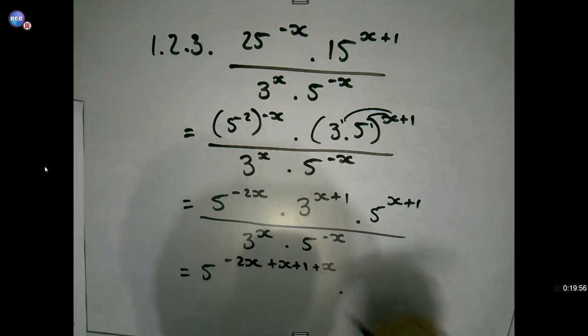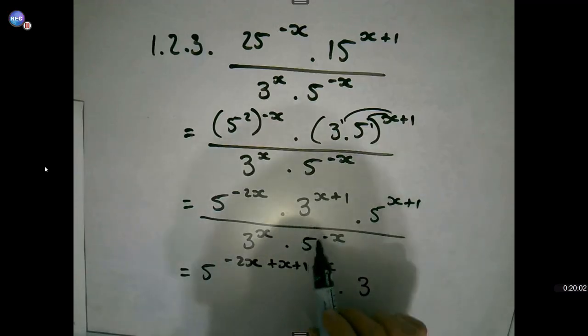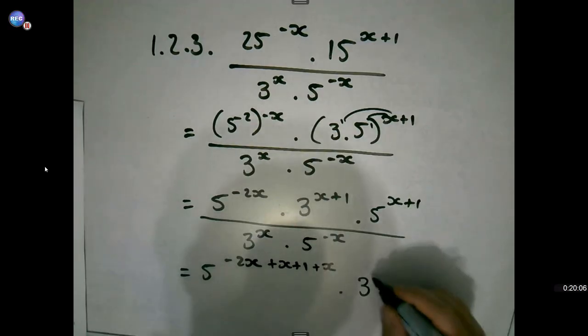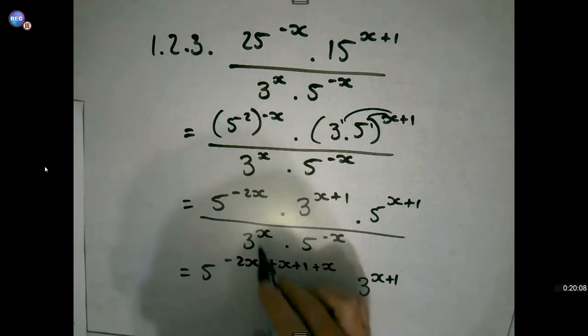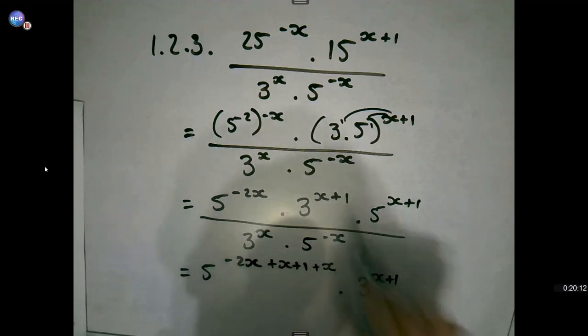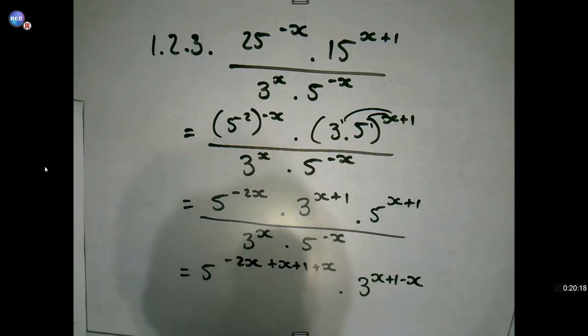Then multiplied by 3. At the bottom we've got, I meant at the top, at the top we've got x plus 1. At the bottom we've got positive x, but when we bring it to the top, it becomes negative, applying law 6 in an inverse manner.